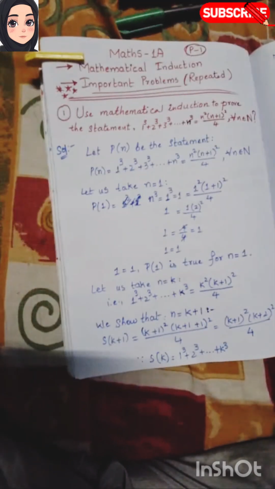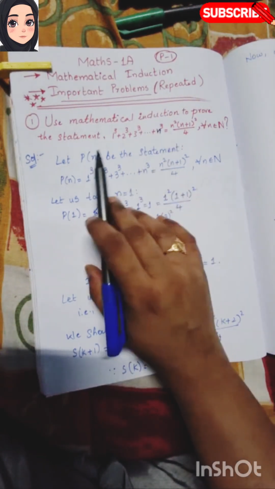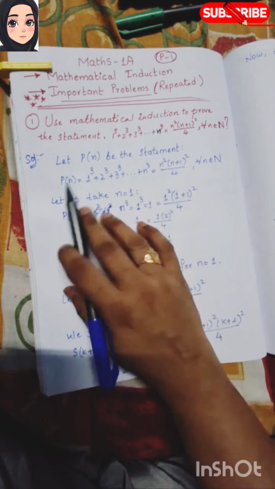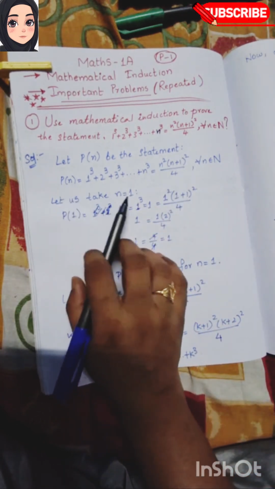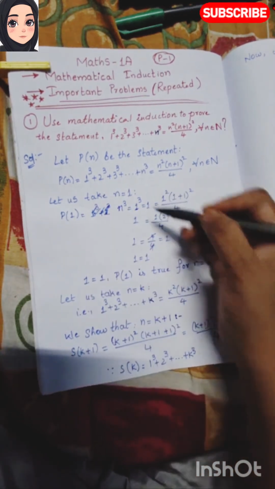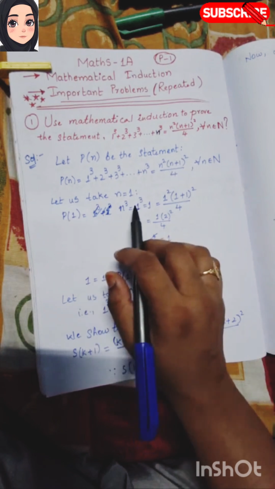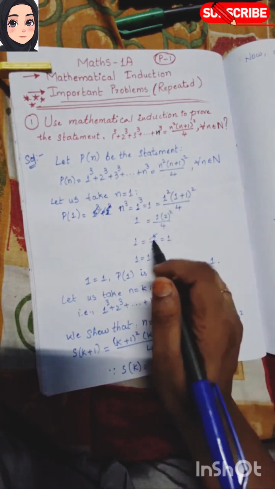What I have done here, I will repeat again, children. Let us see. We have to take the given statement as P of n. The whole statement we have to take as P of n. Now we have to prove that for P of 1 also it is true. Putting n equal to 1 in the left hand side and right hand side, we have to get equal values.